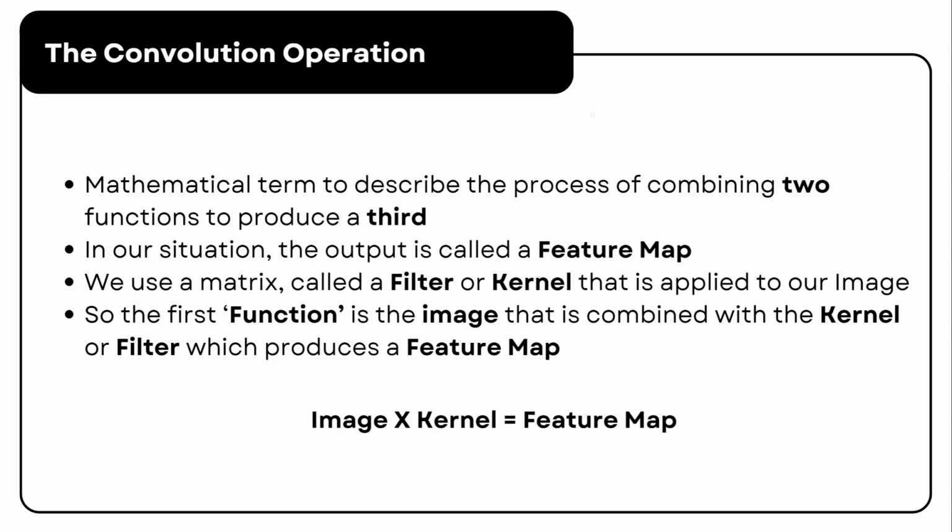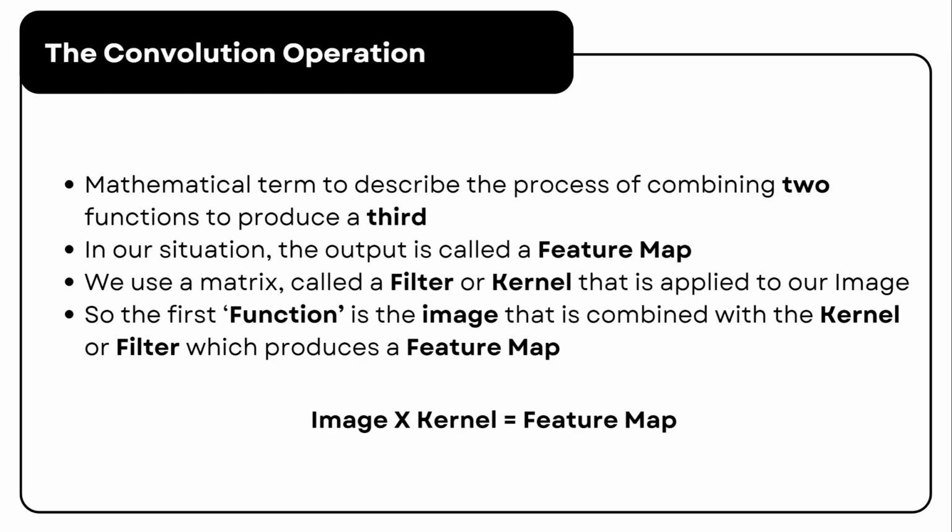A convolution operation is a mathematical term that describes the process of combining two functions to produce a third. Well, it's quite simple. It's like any other mathematical operation.